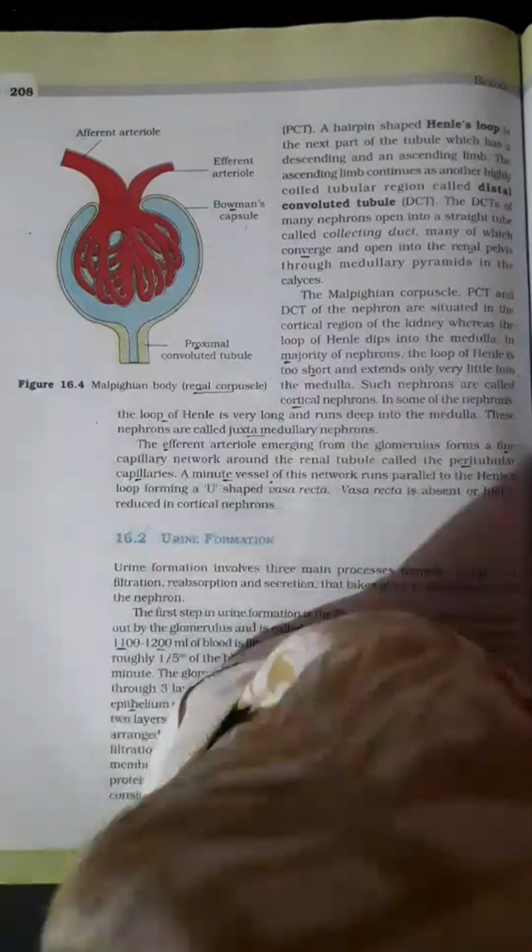The efferent arteriole emerging from the glomerulus forms a fine capillary network around the renal tubule called the peritubular capillaries. The renal tubules are the PCT and the DCT.